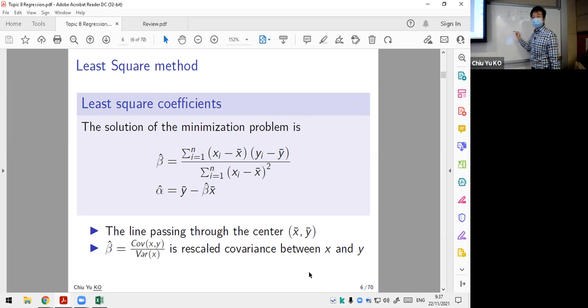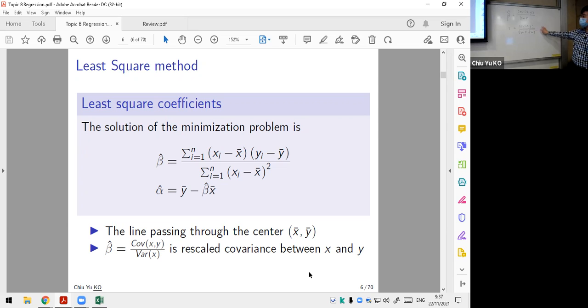And you learned from topic 1, R, the correlation coefficient, is this guy. And you want to ask, is there any relationship between these, because they look somewhat similar? This also measures whether the two variables are correlated, right?